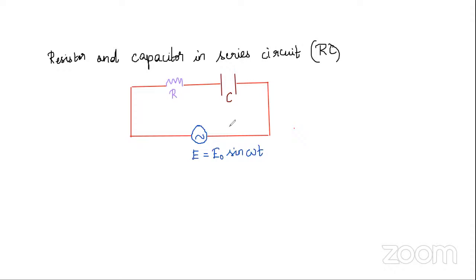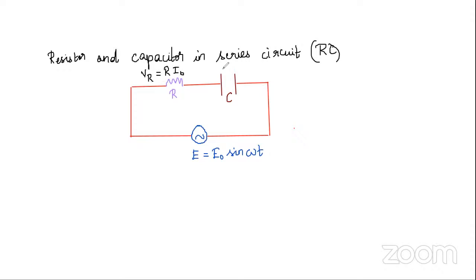So here, the potential drop across the resistance is given by V suffix R, which is equal to R into I naught.